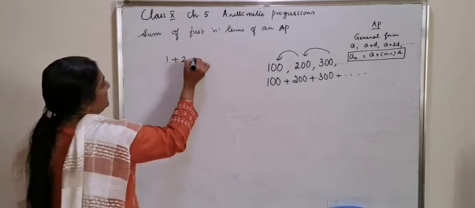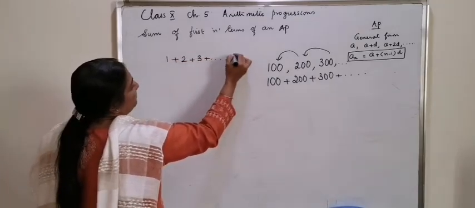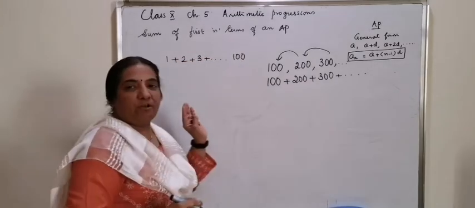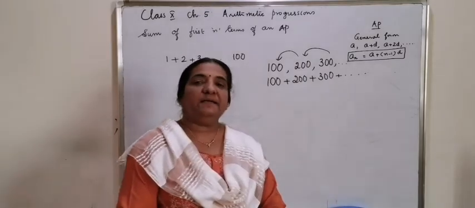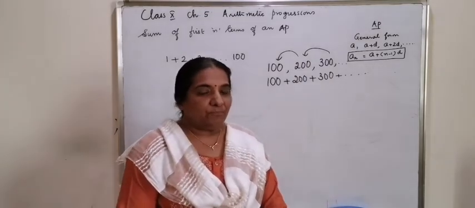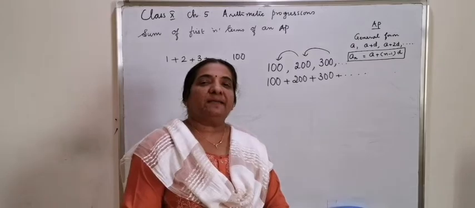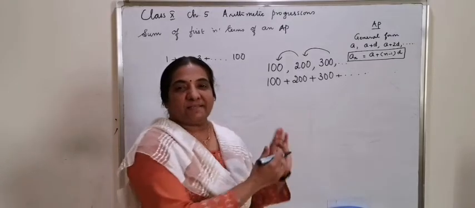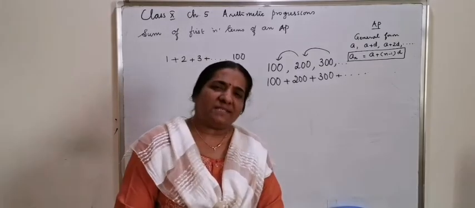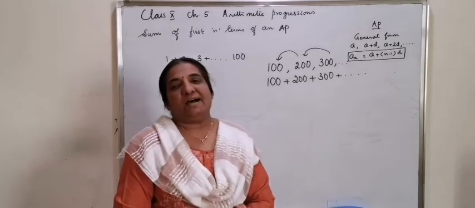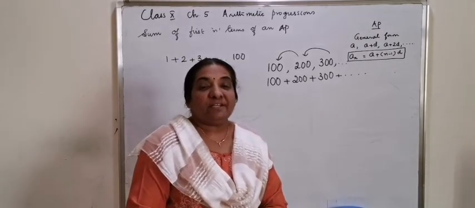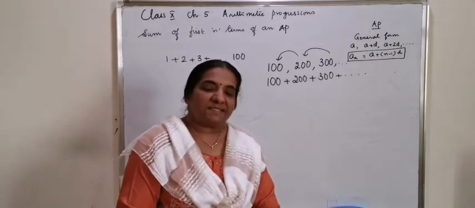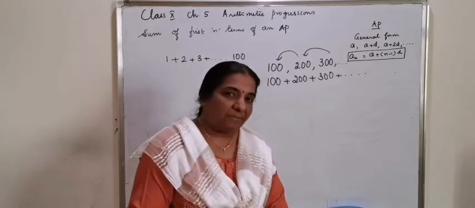That means the students were asked to get the total of the first 100 numbers. And you know, the method adopted by Gauss is so easy that he could give the answer in a very short time. Let's see what is the method adopted by him.